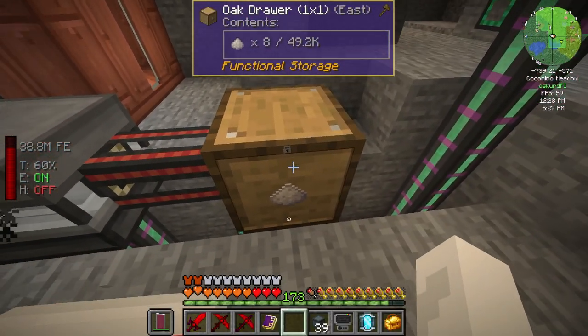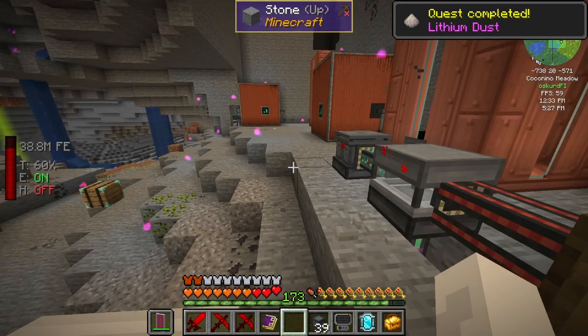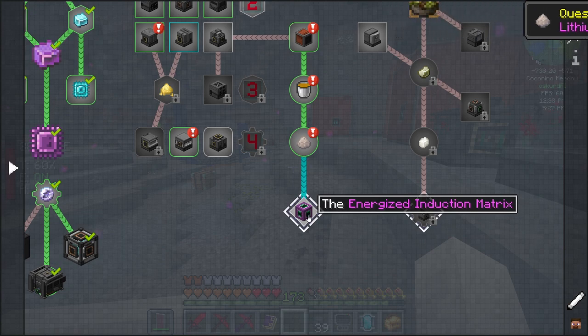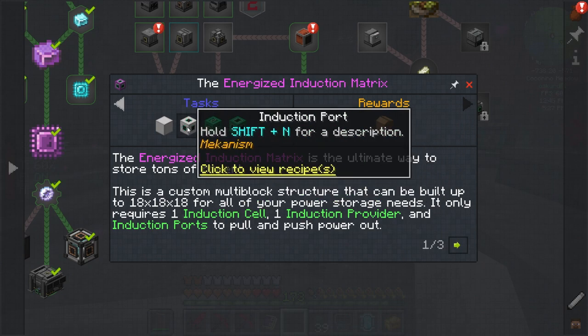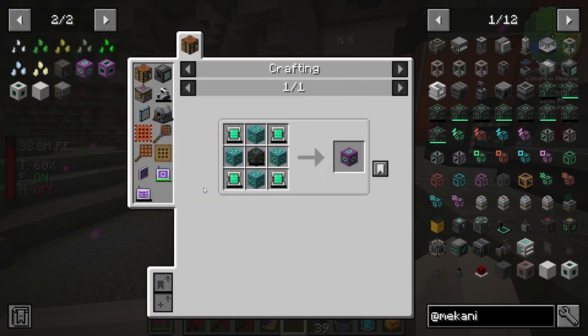But yeah, now we are producing lithium dust, and this lithium dust we can use to make this energized induction matrix, which is quite expensive, but still not expensive. It just takes a horrendous amount of resources.